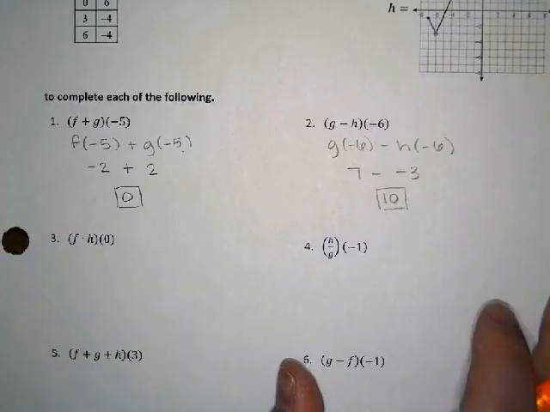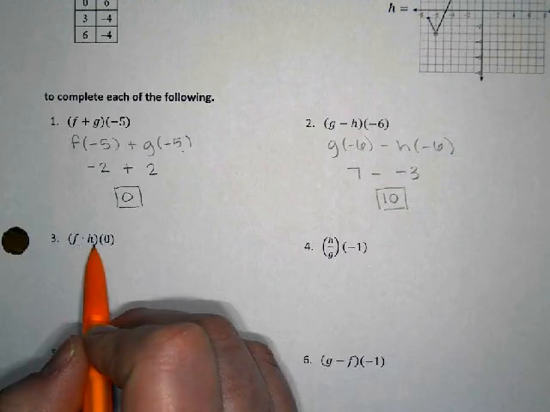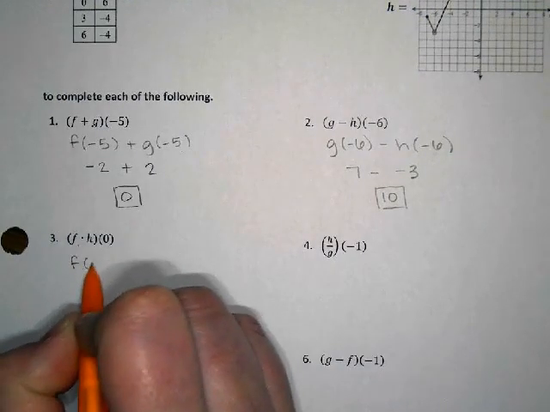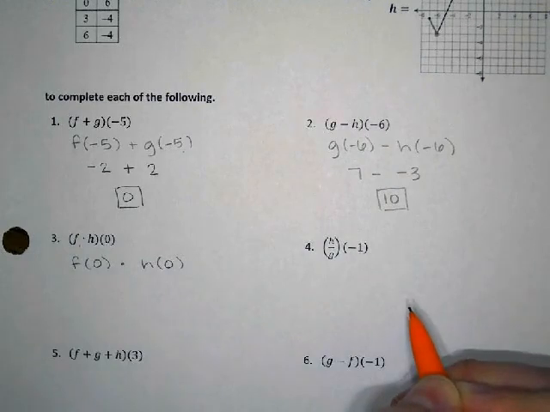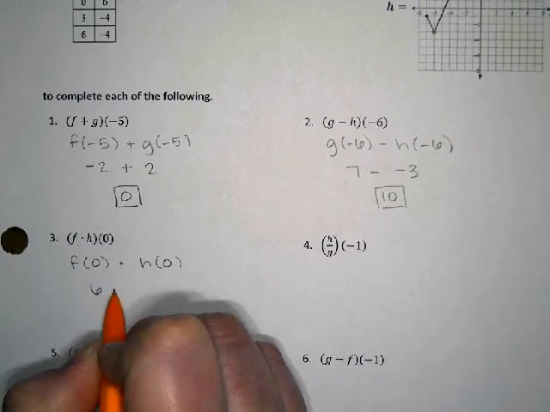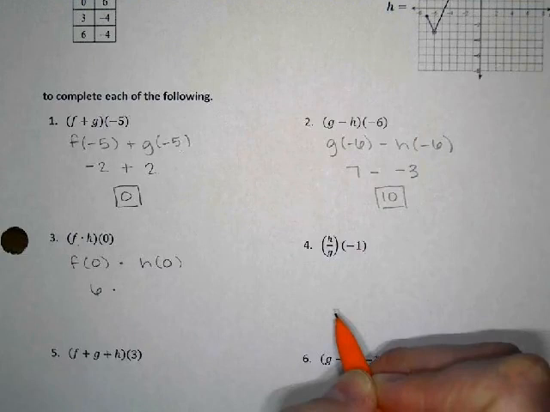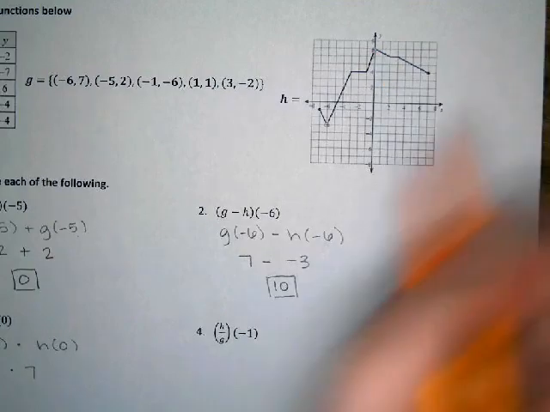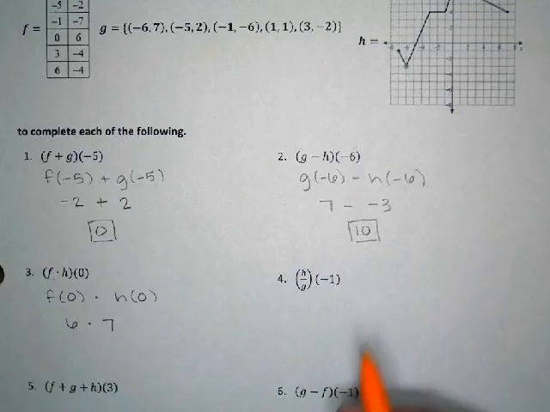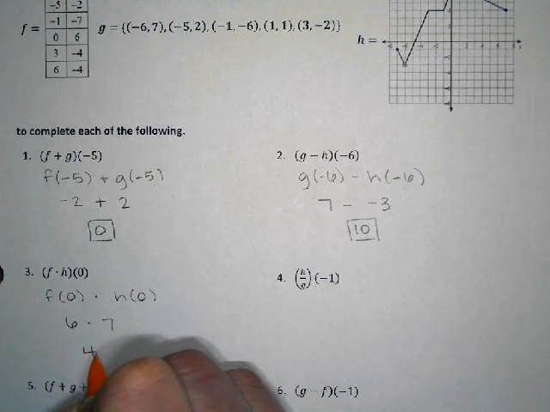Okay. This one, f times h of 0. So this would be f of 0 times h of 0. What is f of 0? 6. What is h of 0? 7. Okay, so h of 0 is all the way up here. There's 7. And 6 times 7 is 42.